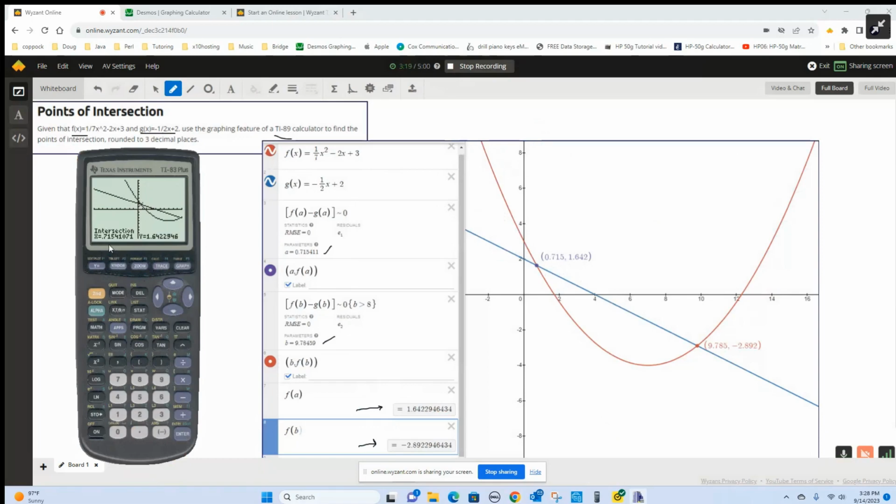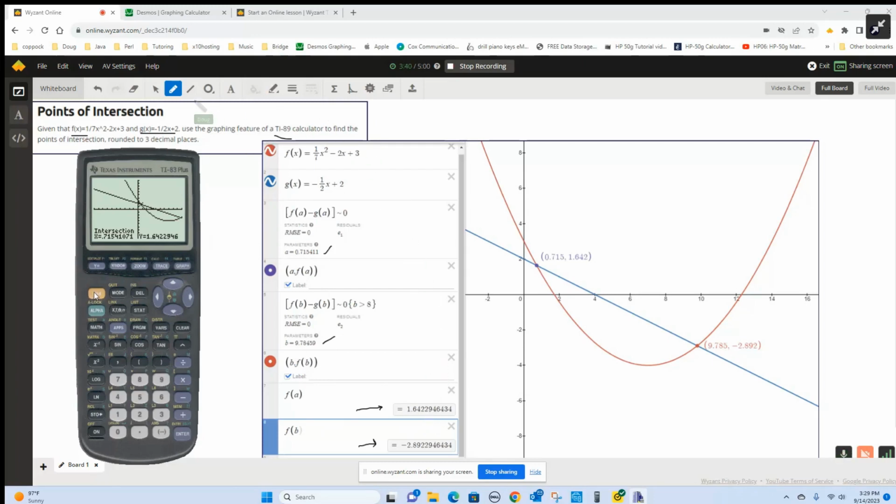And there you've got it, 0.71541071, 0.715411 rounded to 6 decimal places. And there's a 1.64 for f of a, 1.6422.